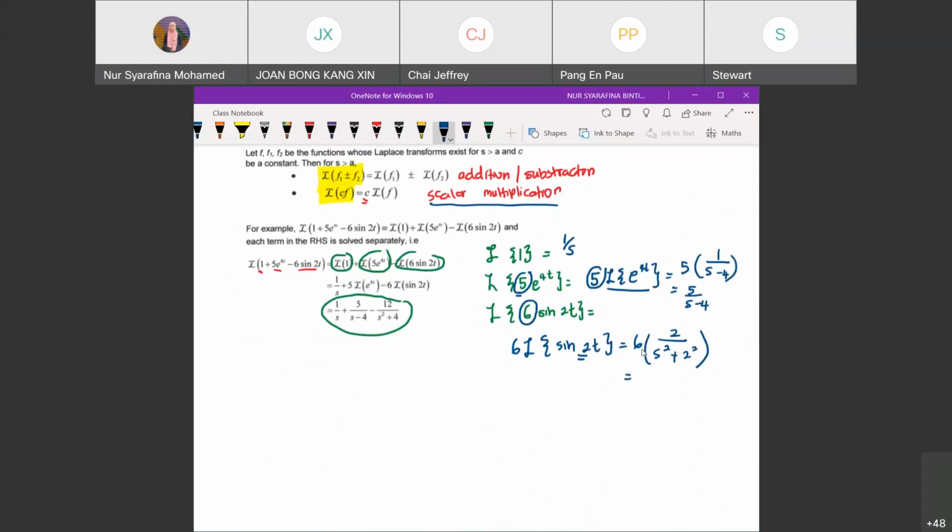So this is how you transform. Then put the transformed version of each term back into the full equation: 1 over s plus 5 over s minus 4 minus 12 over s squared plus 4. Why minus? Because the original function has a minus there.